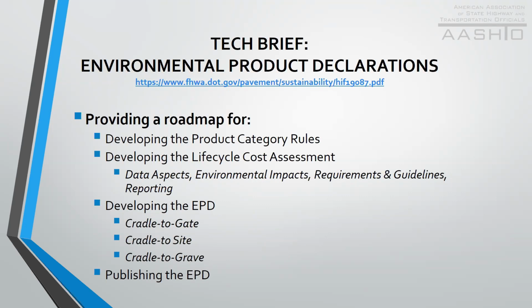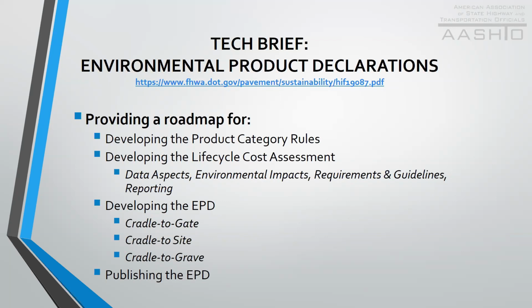There's a tech brief available at this link. Again, I will communicate this out for the environmental product declarations. It provides a roadmap for developing the product category rules, developing the life cycle assessment, its respective data aspects, environmental impacts, requirements and guidelines and reporting.